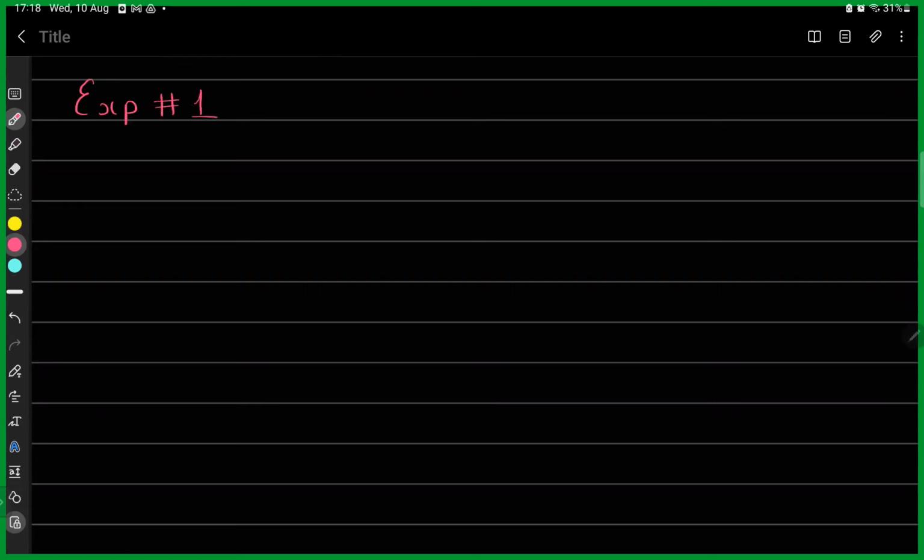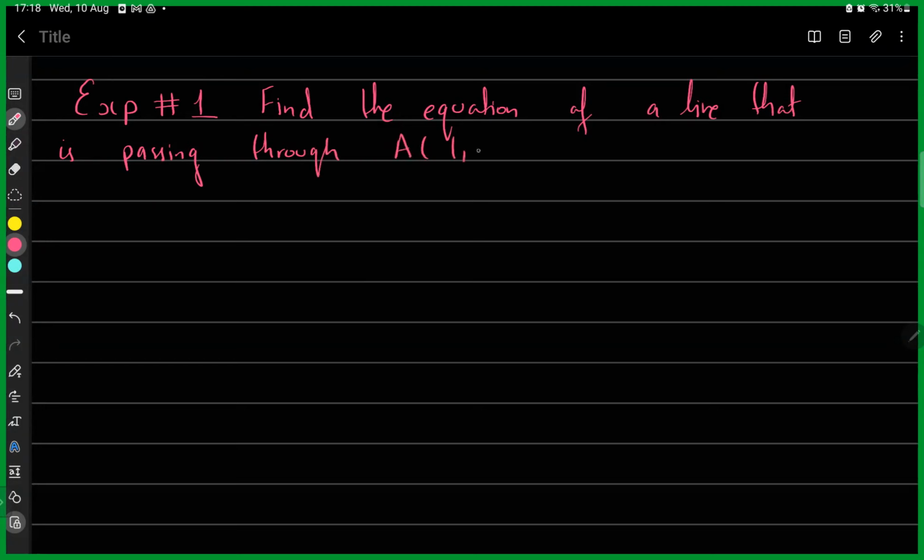So imagine you have example 1 and you've been asked to find the equation of a line that is passing through A, that is (1, 2), and B, that is (3, 3).